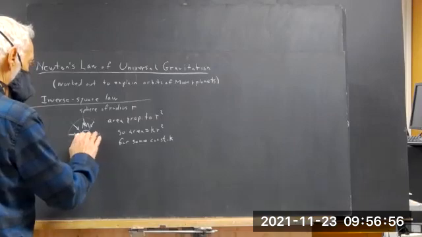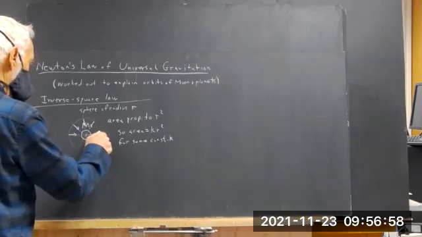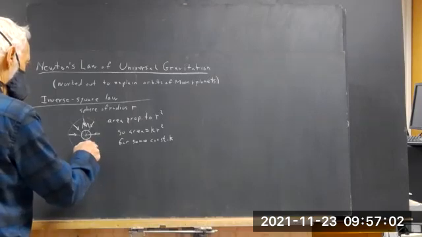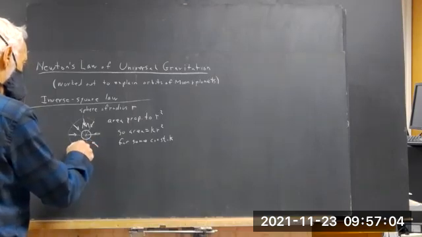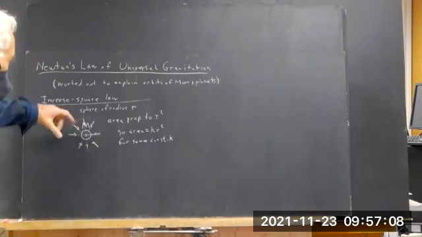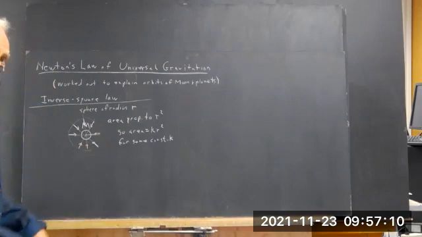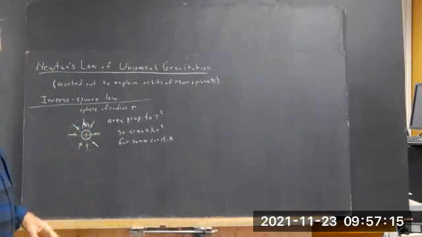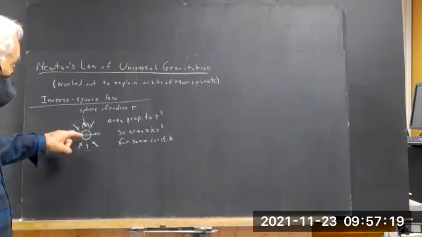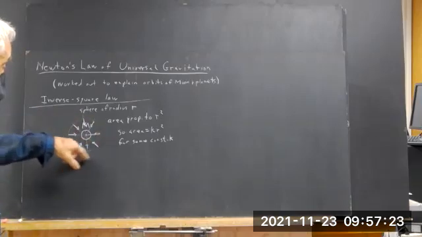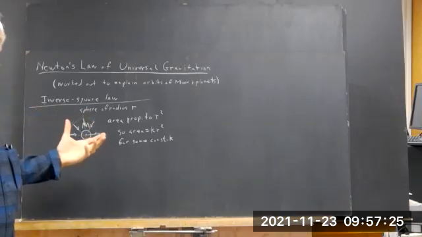So you have an inward flux. If this was a fluid flowing in toward the center, like you've got a container with a hole in it, and fluid is flowing in toward the center, the amount of fluid that leaves here is equal to the amount of fluid flowing across the surface.